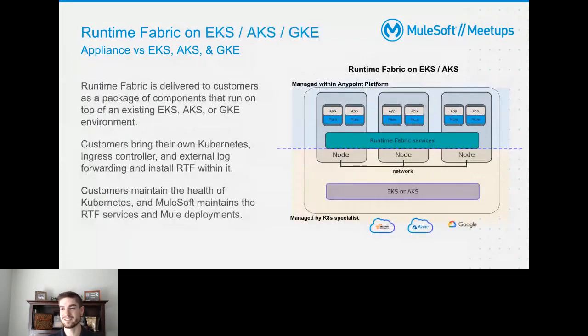With the Kubernetes service approach, a customer has their own Kubernetes environment, which is going to be in the cloud hosted by Amazon, Google, or Azure as of now. It's a bit more hands-on and involved on the Kubernetes side, where customers are responsible for provisioning and configuring their own ingress controller, which is basically the load balancer, as well as external log forwarding.